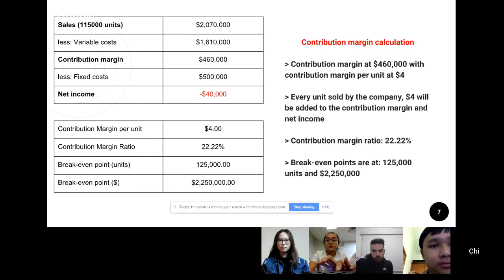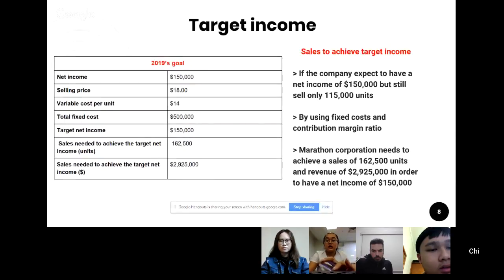Okay, next up, we will have Uyên to present the target net income. Hello everybody, my name is Uyên from RMIT Vietnam. The next question is about the target units of sales that Marathon Corporation should sell to achieve their target income.